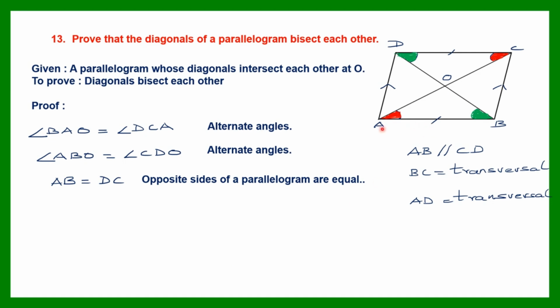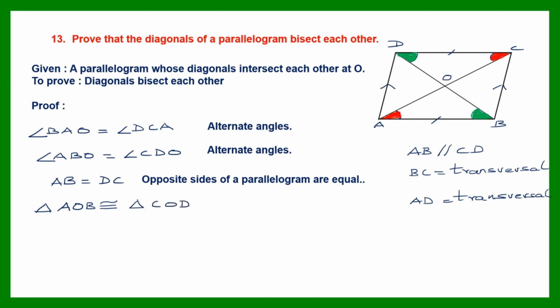Now can you see these two triangles, triangle AOB and triangle COD? They are congruent. Why are they congruent? On the basis of angle, side, angle. Here also angle, side, angle. We can say that these two triangles are congruent triangles. So let's write that down. That is triangle AOB is congruent to triangle COD.